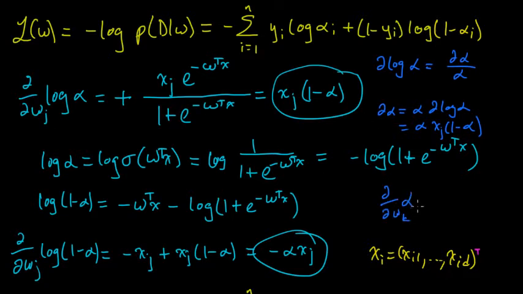When we're differentiating alpha I with respect to wk, which is what we're doing below, then we're going to get xik times alpha I times 1 minus alpha I. Right, because this was for a generic x differentiating with respect to wj, and now we have alpha I, which is a function of the vector xi instead of just the vector x, and we're differentiating with respect to wk.